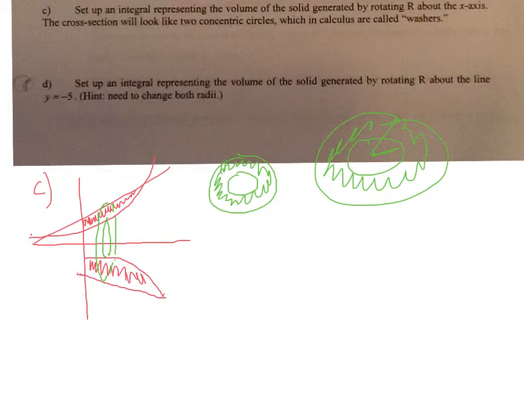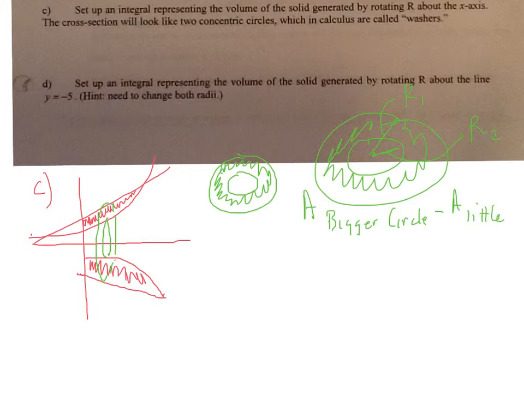If we call the larger radius R1 and the smaller radius R2, well, you take the bigger circle, the area of it, minus the area of the little circle, right?